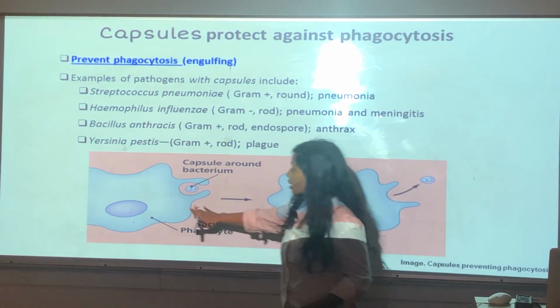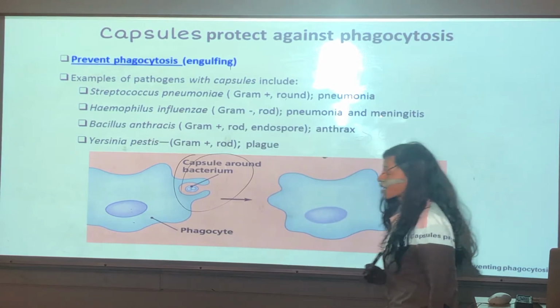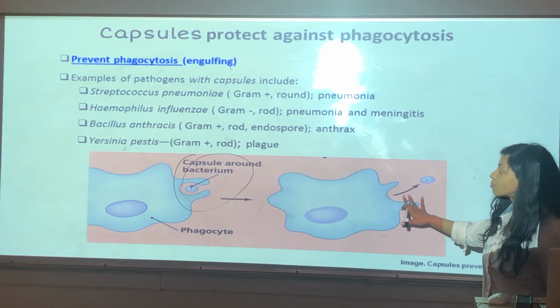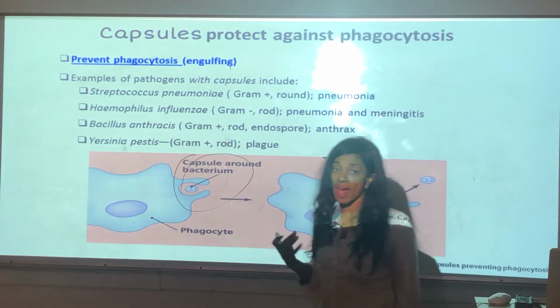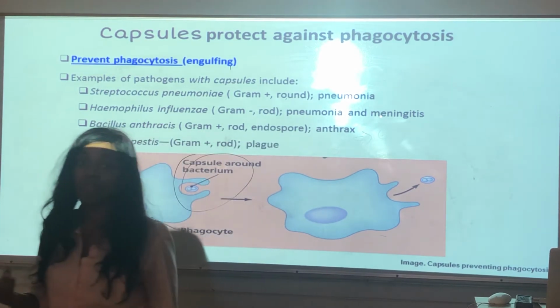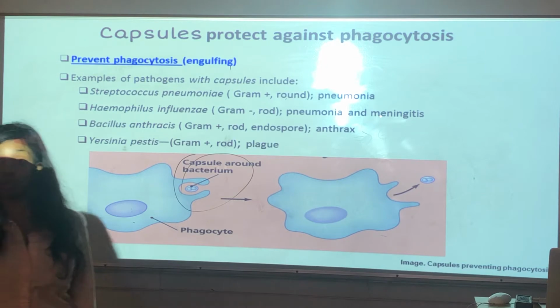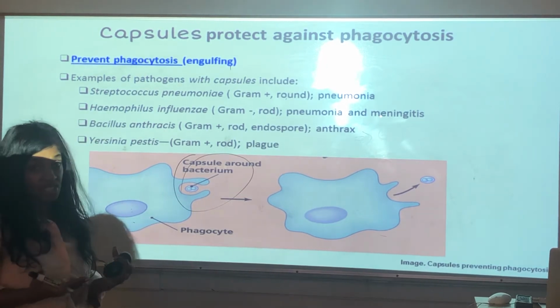Here we see the phagocyte trying to engulf the bacteria, but when there's a capsule around it, the phagocyte either doesn't recognize the capsule because it has familiar substances that the host thinks belong to it, or it just cannot digest it.